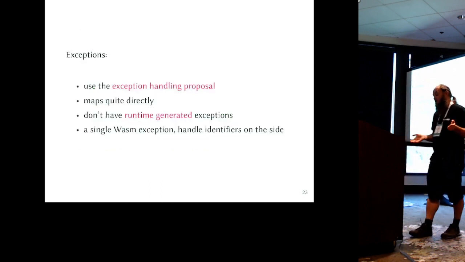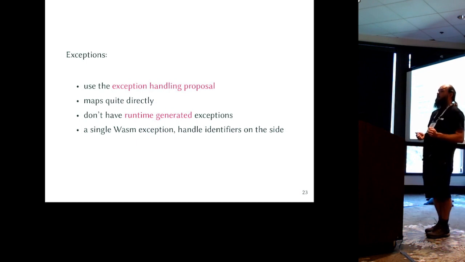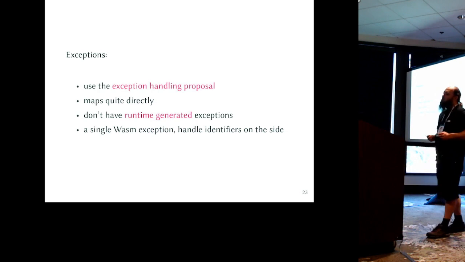So OCaml has exceptions. OCaml uses a lot of exceptions. We use that for control flow, for everything. That's nice. And what's also nice is that there is another proposal in Wasm that proposed to add exceptions to Wasm. I think that we were not the main target for that originally. We don't have enough weight for something like that.